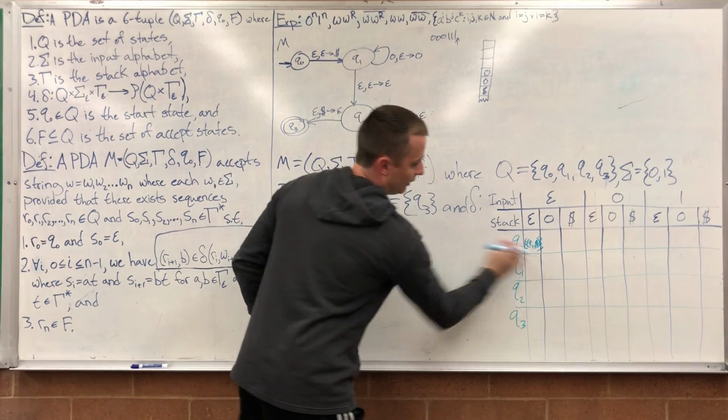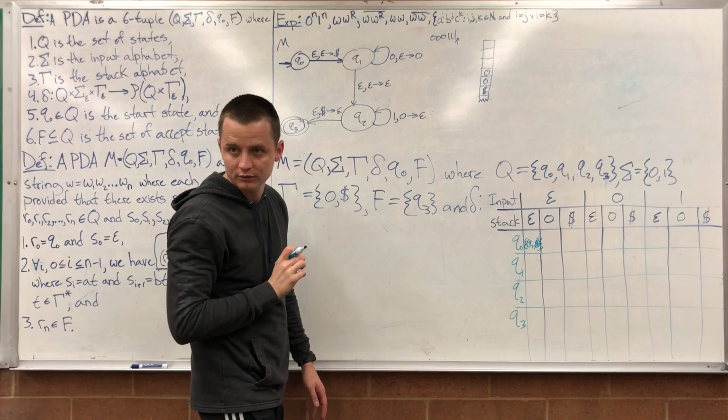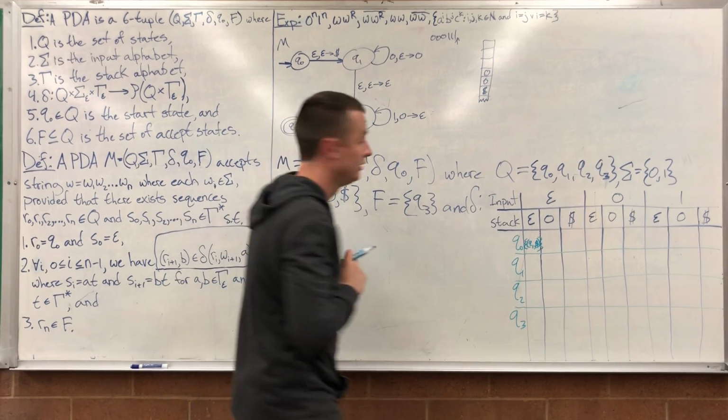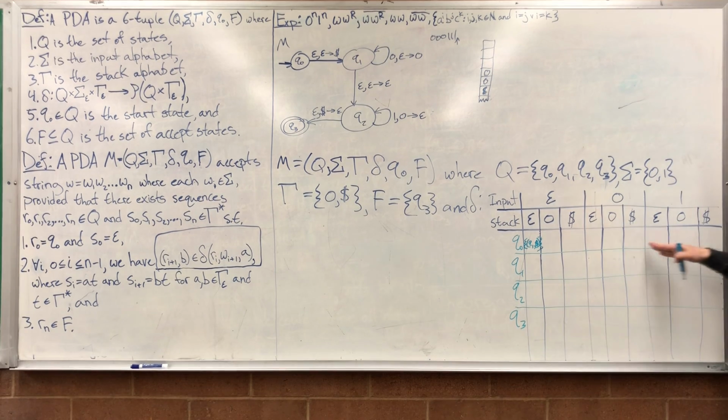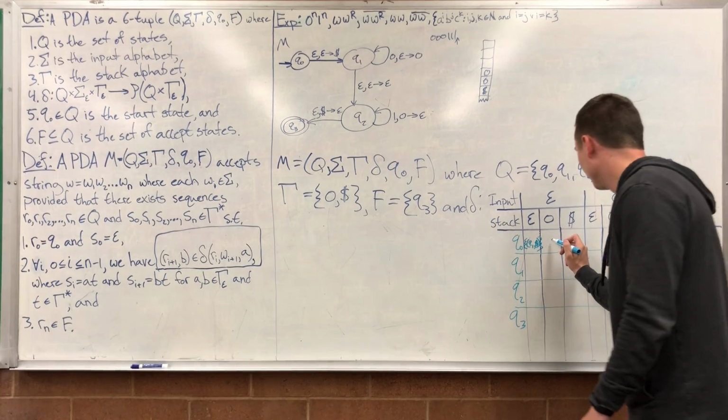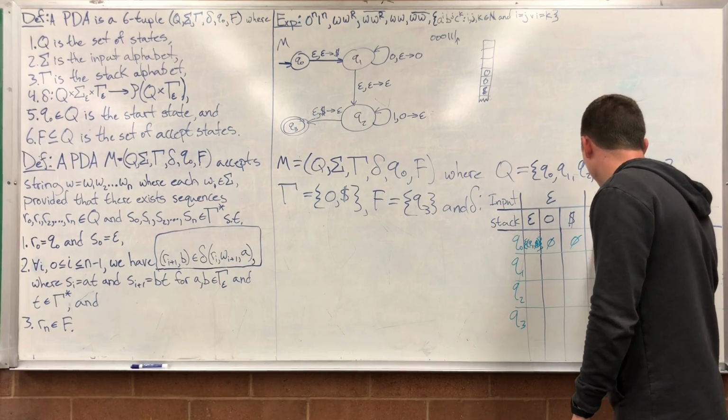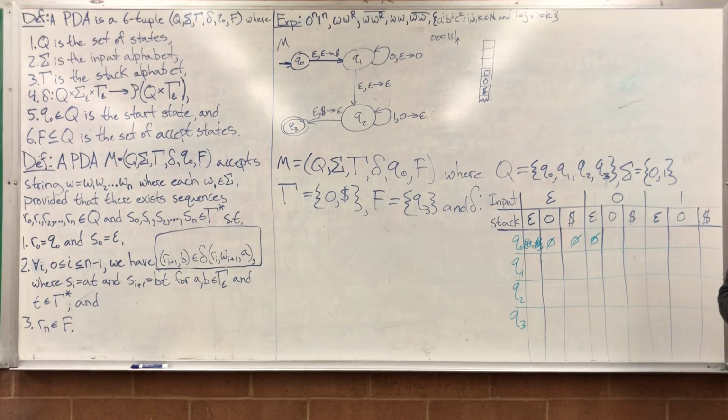So that's a set containing the tuple Q1, $ sign. Okay. And then all these other ones are empty because that's the only valid transition we have. So I could put empty set there, empty set there, empty set there. Not going to bother writing all the empty sets.